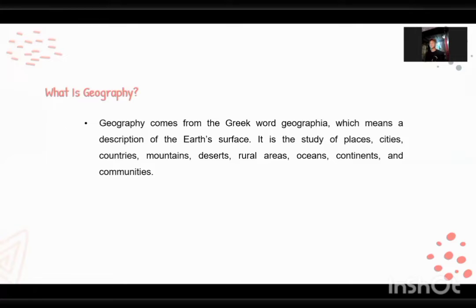To start off, let us first define what geography is. Geography comes from the Greek word geographia, which means description of Earth's surface. It is the study of places, cities, countries, mountains, deserts, rural areas, oceans, continents, and communities.